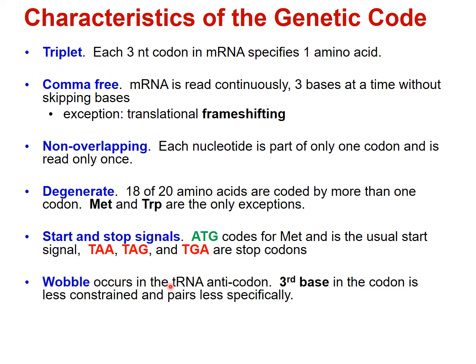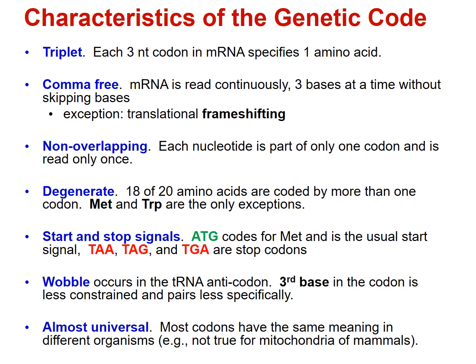This occurs in the transfer RNA anticodon, the part that reads the codon. The 3rd base of the codon is less constrained and pairs less specifically. We'll talk about that in more detail. And this code is almost universal. Most codons have the same meaning in all different organisms, but there are some exceptions.